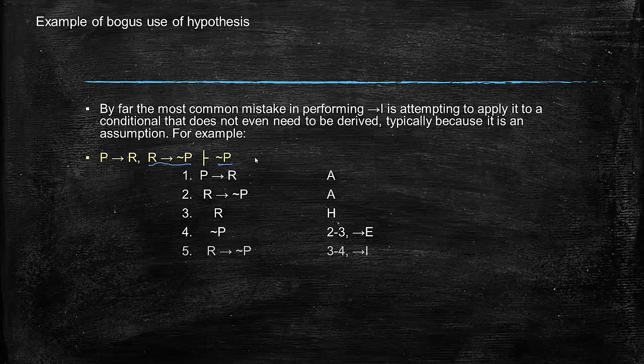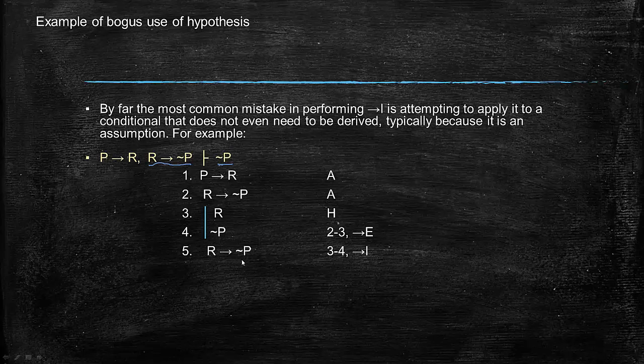Now I've got if R, then not P. And all of these steps are actually correct. You do have if R, then not P. You hypothesized R, derive not P, so you can assert if R, then not P by 3 through 4 conditional introduction. But here's the problem.